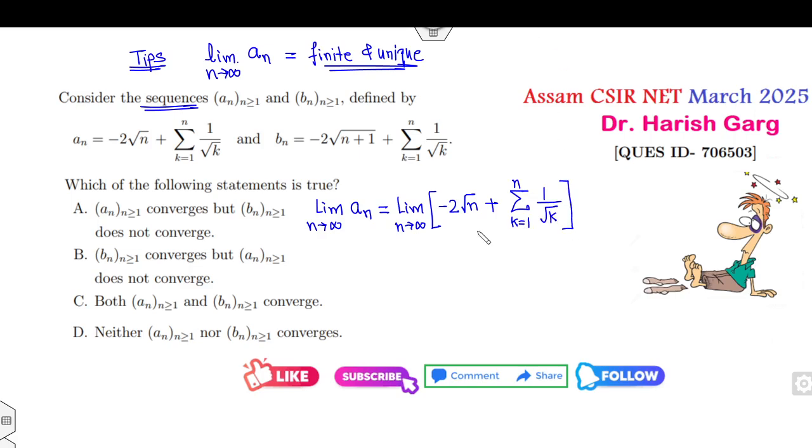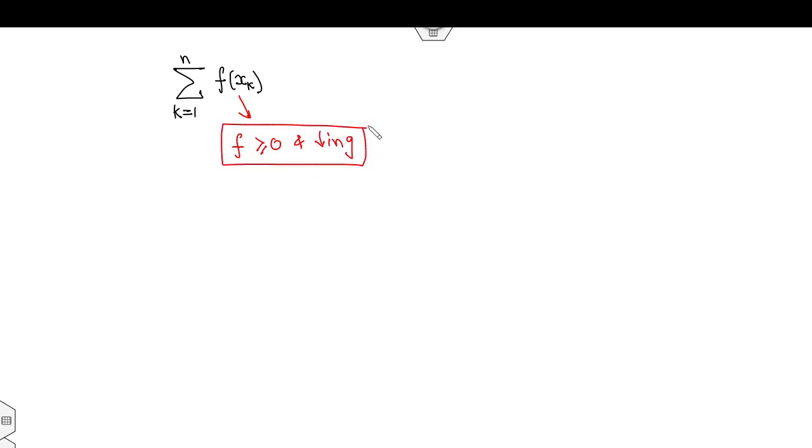How can you find the limit in this case? Again, very simple. Firstly, I will tell you, whenever you have the summation k equal to 1 to n of f of xk, if this function f is always positive and decreasing, whenever f satisfies these two properties, then you can approximate the summation by the integration of f(x) from 1 to n.